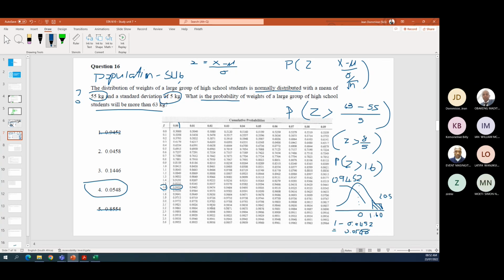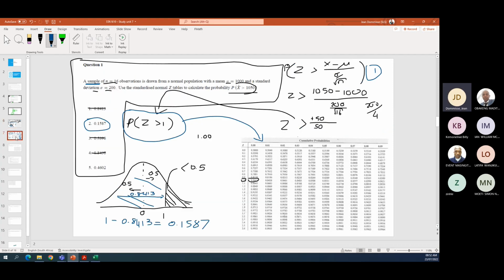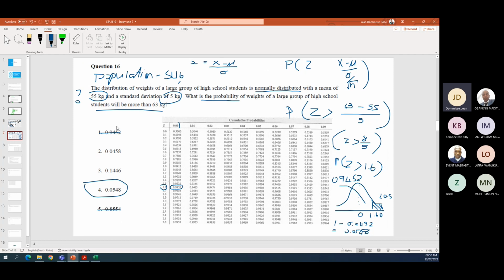Okay, let's go to the next one. So you can see again what we did with this question on study unit 7 and this question from study unit 6, exactly the same. We calculated the Z, we went to the Z table to get the probability, and depending on if it's a big area or the small area, if we can use the answer or if we need to say 1 minus the answer.